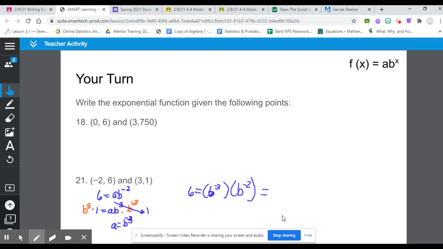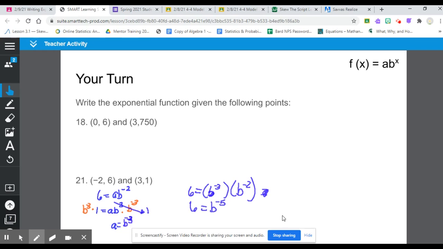Because this is the product rule, I'm going to rewrite it here: 6 is equal to, I'm going to add the 2 exponents. I think some of you are accidentally multiplying, but remember the product rule: when you multiply a common base with different exponents, you add the 2 exponents. So it's b to the negative 5.